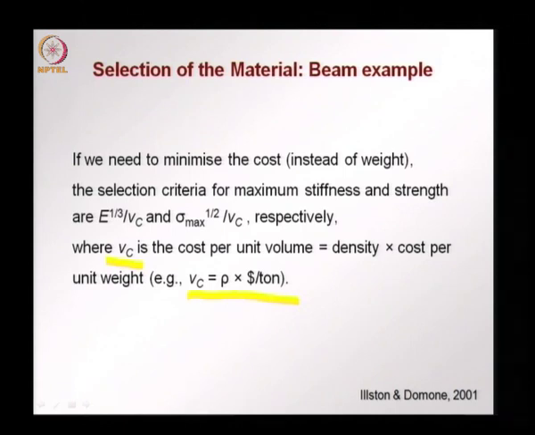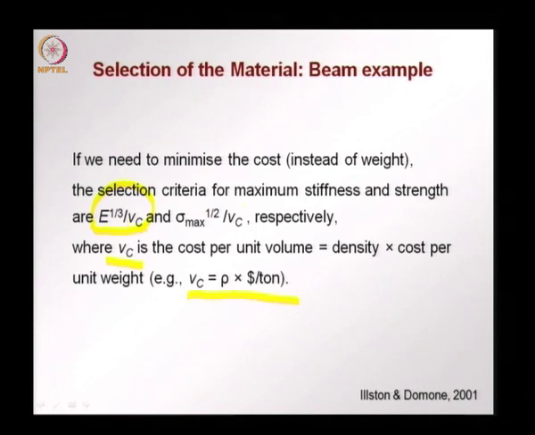And what we find is that the two criteria that we looked at before for maximum stiffness and strength, when we look at cost, become this. We have to maximize the cube root of the Young's modulus divided by the cost per unit volume to get a beam with the lowest cost but the required stiffness.